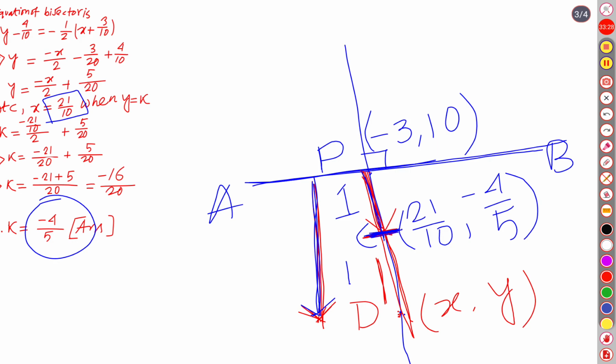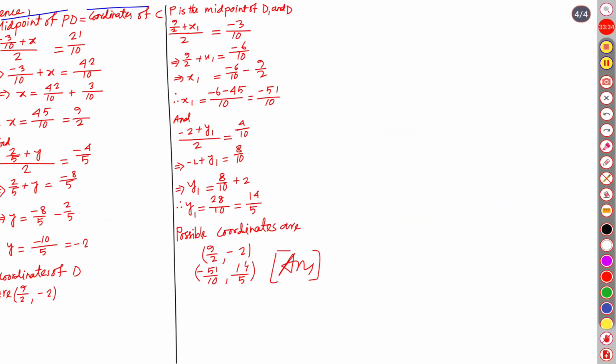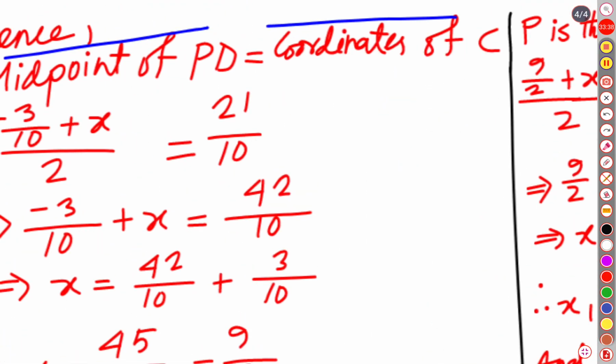That means C is at the midpoint of PD. The same concept has been written over here, that midpoint of PD is coordinates of C.